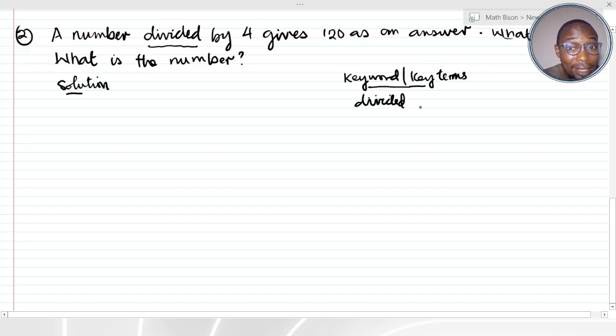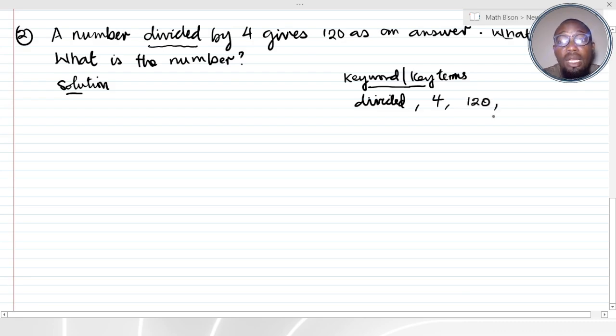It was not multiplied. It was divided. So divided is key. By what? 4. 4 is also key because it was not just divided, it was divided by the number 4, not number 5, not number 7, not number 90, but what? Number 4. If 4 should change, things will change. And the answer that is given is 120.